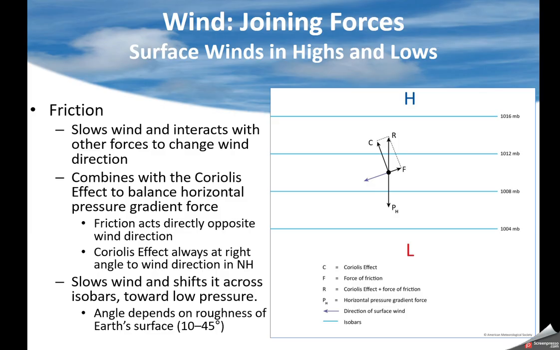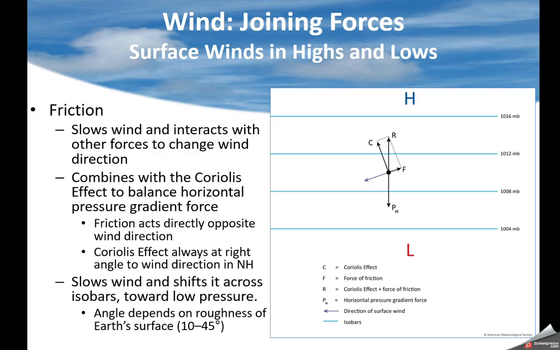Finally, when you get down close to Earth, we have a lot more friction. What this does is slow the wind down. So you have the pressure gradient and we have the Coriolis effect. Normally, they would be balanced if everything was moving. However, friction has slowed that wind down. They're not balanced.